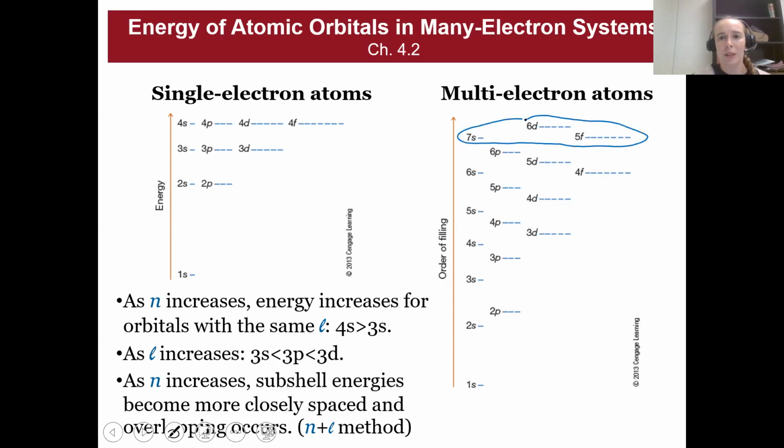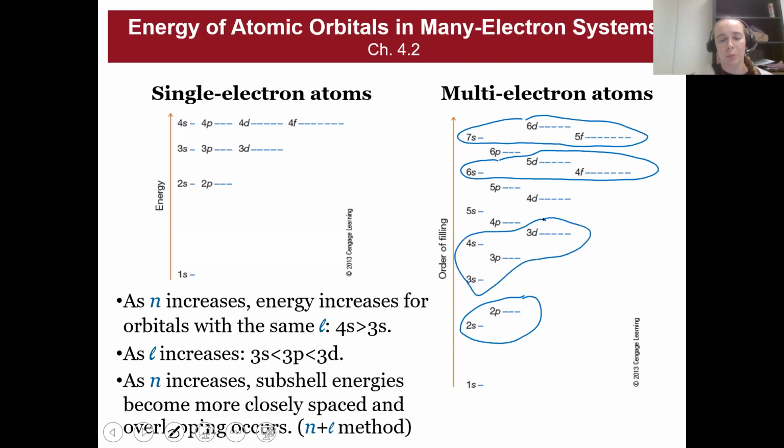These three energy levels are pretty close together. These 3 or 4 energy levels are pretty close together. So as we go up, there's less separation. 2s and 2p were pretty well separated, but as n increases, our subshell energies become closely spaced and we see some overlapping.